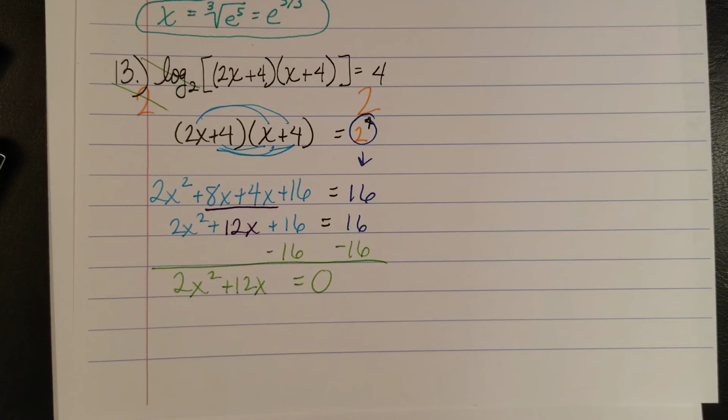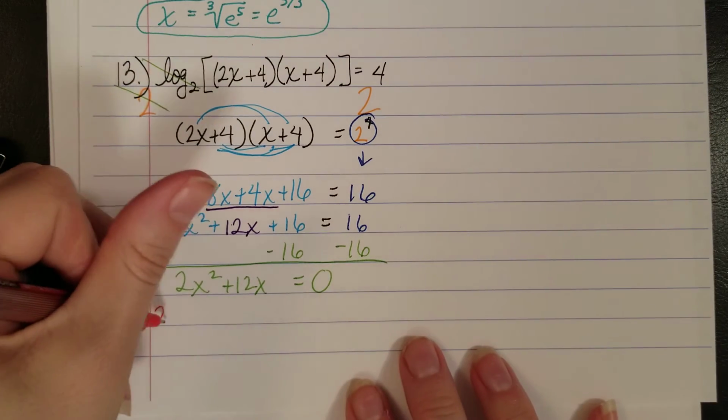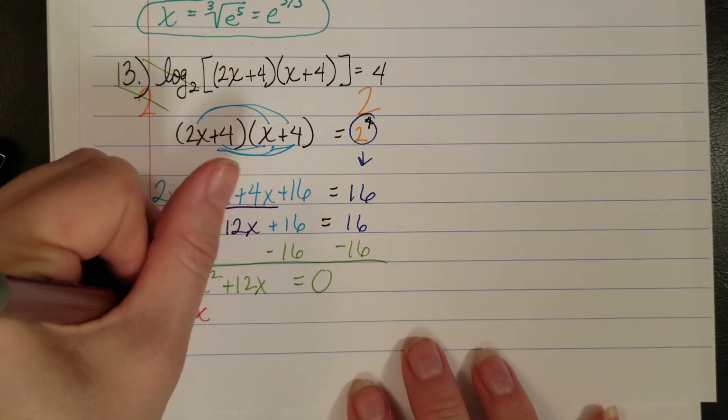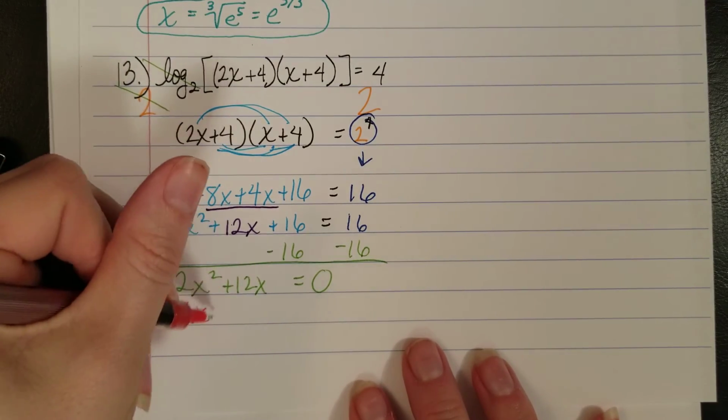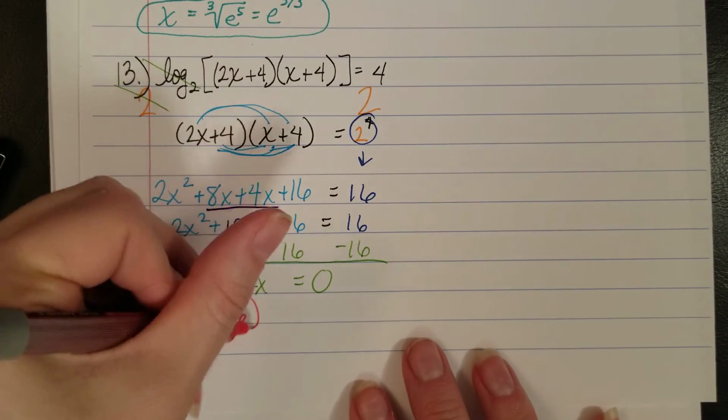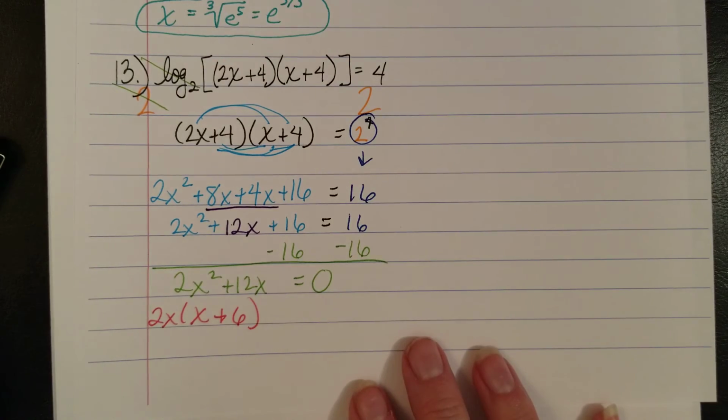Now what I can do is just factor out a common factor, which would be 2x. That would make it 2x times x plus 6 equals 0.